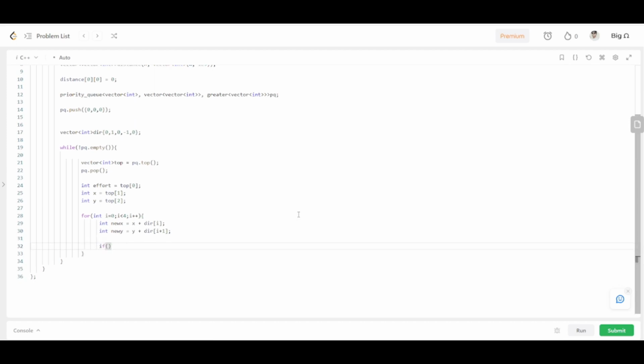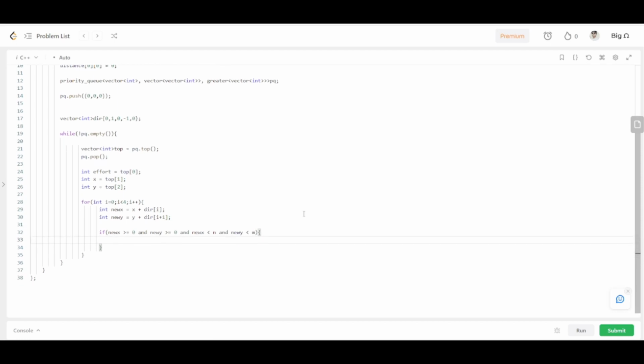and then check if this new cell is a valid cell. New x is greater than or equal to 0, new y is greater than or equal to 0, new x is less than n, and new y is less than m. Now if it is the case, then update the effort. Find the new effort, max of the effort that we have and the absolute difference between the heights of the adjacent cells, heights[new x][new y] minus heights[x][y]. Fine.